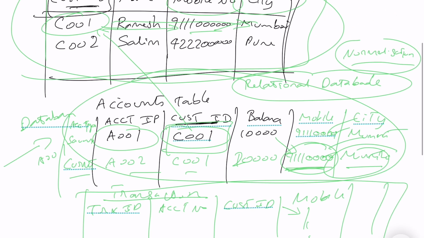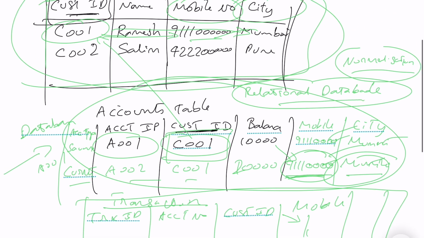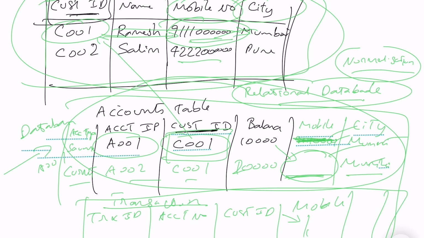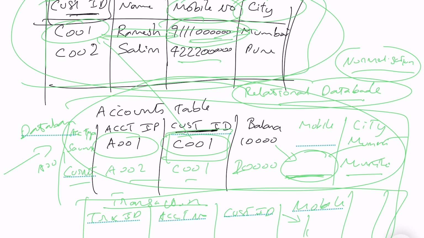But to avoid this scenario, we follow the concept of relational database, where in this master table itself it will change, okay, and this change will automatically be reflected everywhere because they are not actually storing the mobile number, right? They are actually just referencing that mobile number using the customer ID and then getting the other fields, mobile number or city, right? So that you don't need to make a change in millions of tables.